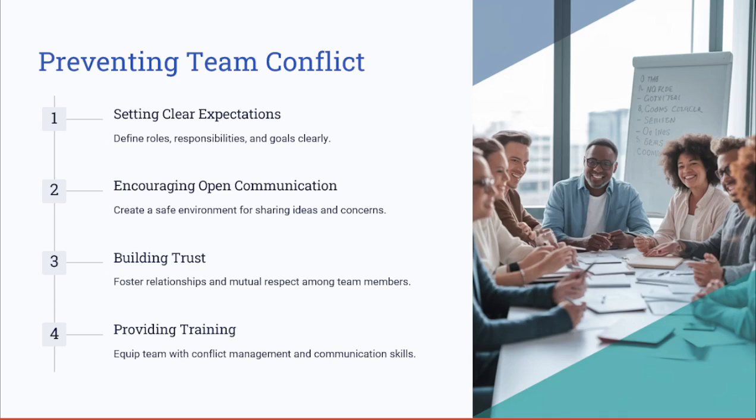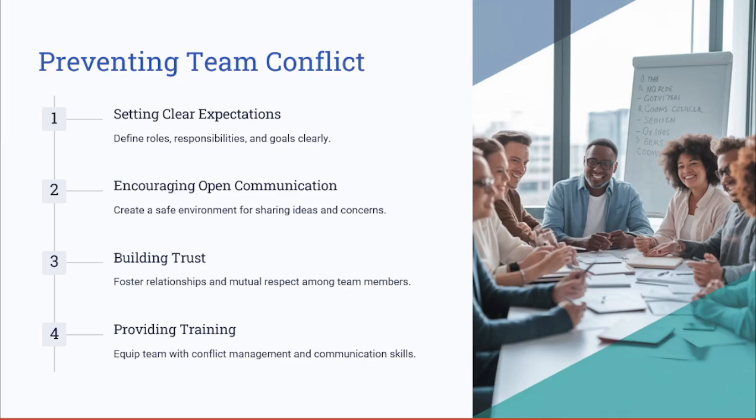Also encouraging open communication so the team will feel appreciated and that all of their ideas have been heard. Building trust between the team is a very important thing here, so the team works towards one goal of resolving an issue and serving the project goals itself. Also, providing training can help prevent conflicts from arising in the first place.